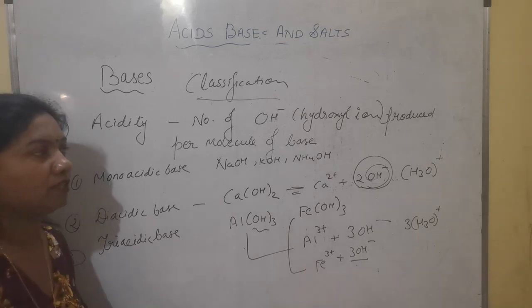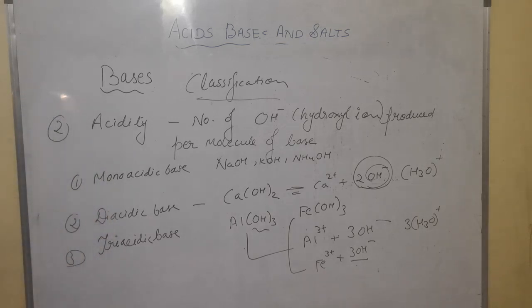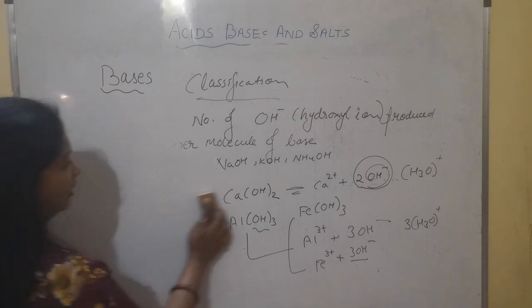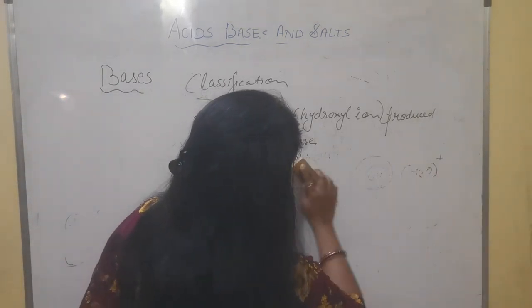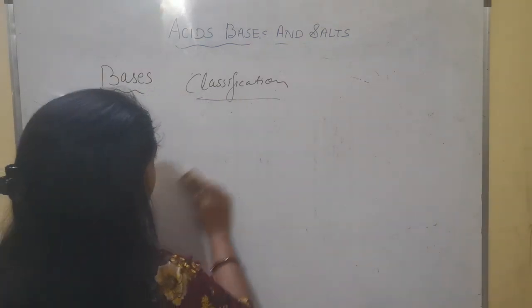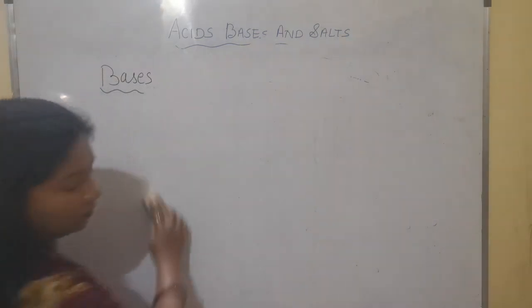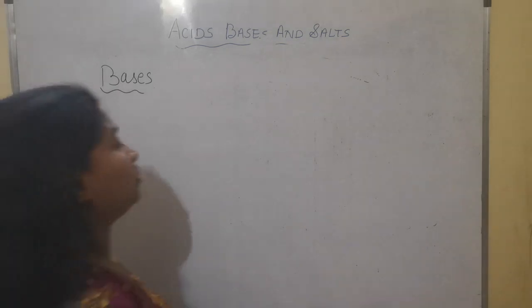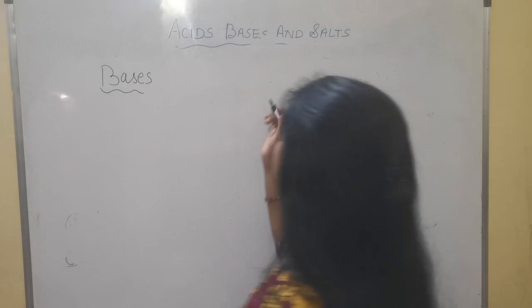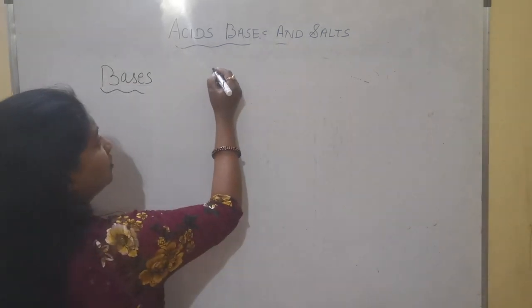Now next we have to see the preparation of bases. We know that bases are metal oxides or hydroxides. So definitely in the method of preparation we have to take metals. The preparation method will involve the use of metals because bases are metal oxides or hydroxides. Let me write some examples over here.